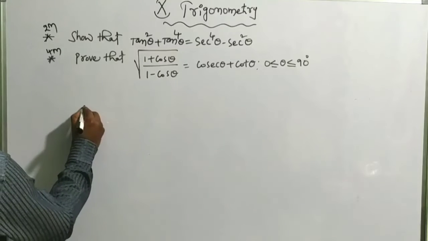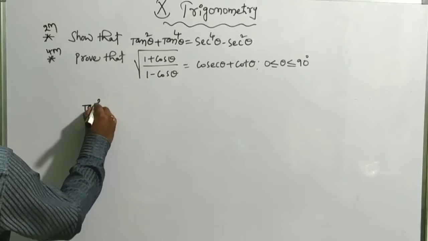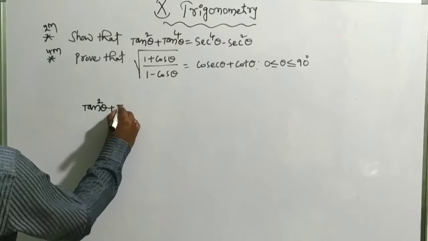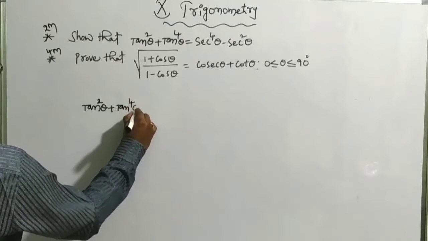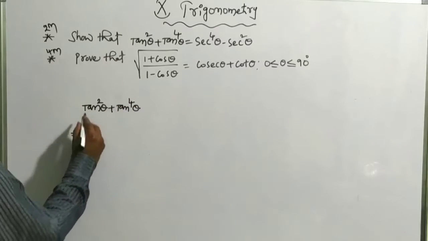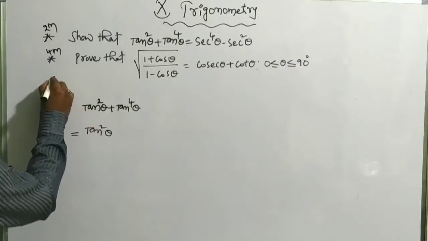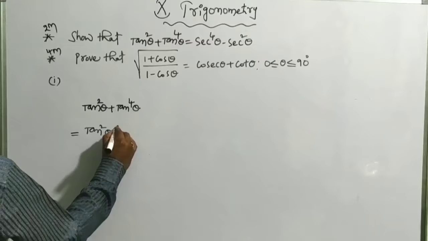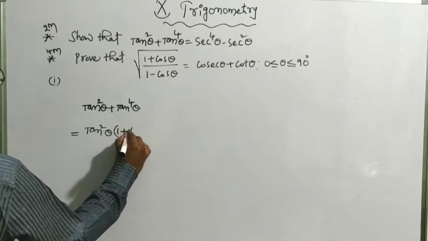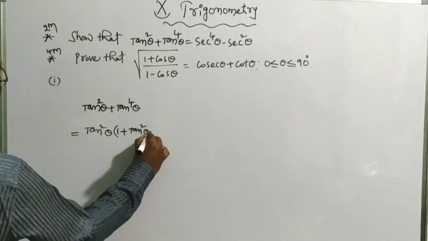What is given here? Tan square theta plus tan power 4 theta. Right. We can take tan square theta common first. Then what we can get? Tan square theta into 1 plus tan square theta.